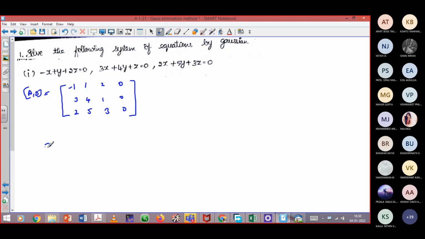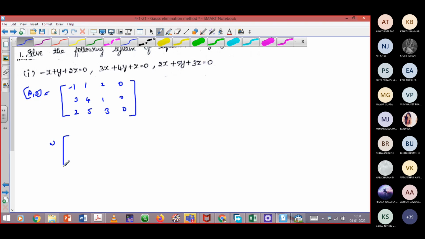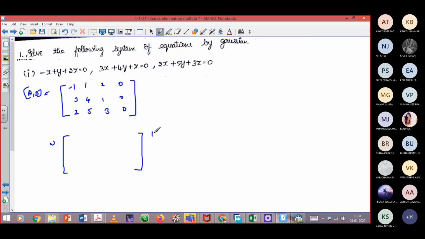After this, without any confusion, I should have the first row, first element as 1. That will be convenient for me. So I can simply multiply R1 by minus.